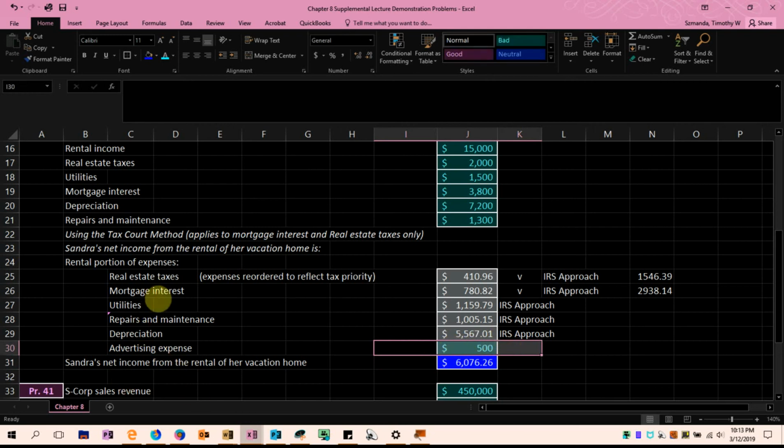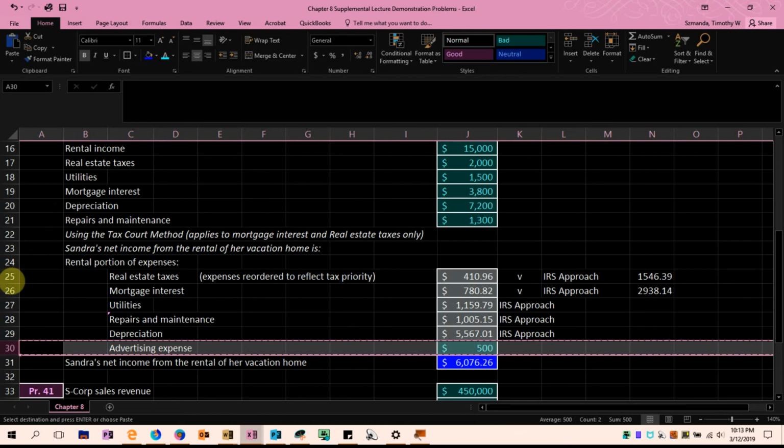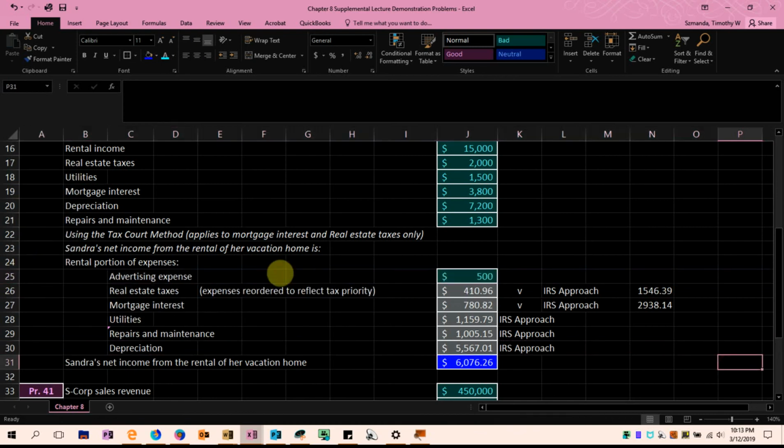So if I were to reorder this list, we could list this first, because it's a direct expense. Again, this was just for comparative purposes. This is not part of the problem.